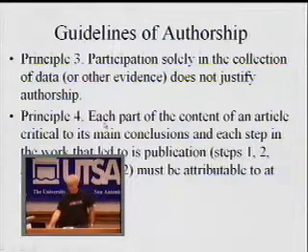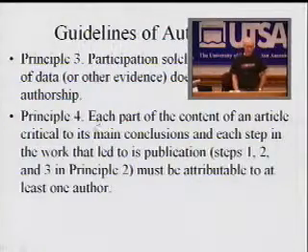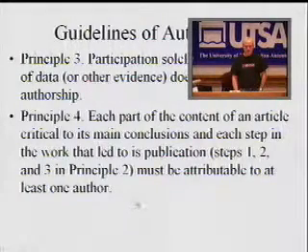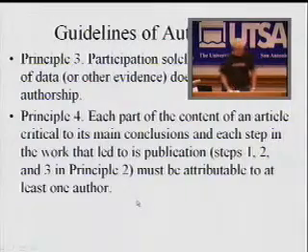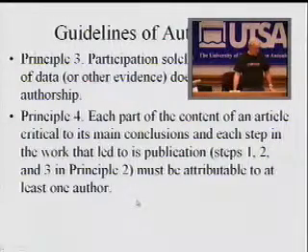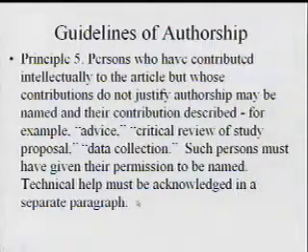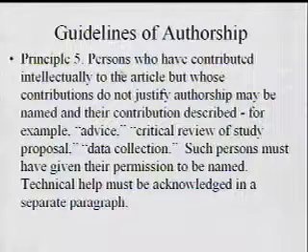Each part of the content of an article, critical to its main conclusions, and each step in the work that led to its publication, steps 1, 2, and 3, and principle 2, must be attributable to at least one author. So there has to be major contributors and minor contributors. And we'll see these stated a bit more specifically, as I said, and discuss them a bit more.